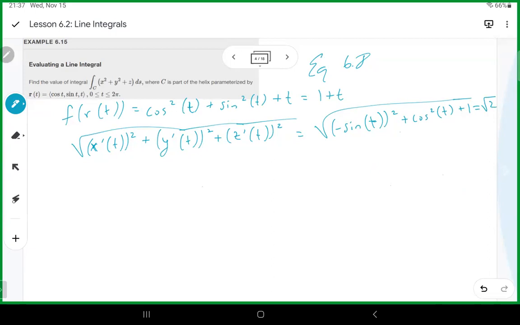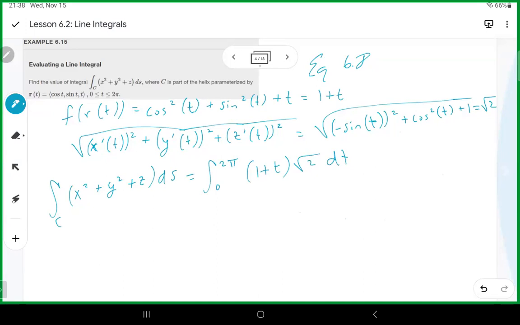So therefore, the integral over C equals the integral from 0 to 2 pi of 1 plus t times square root of 2 dt.